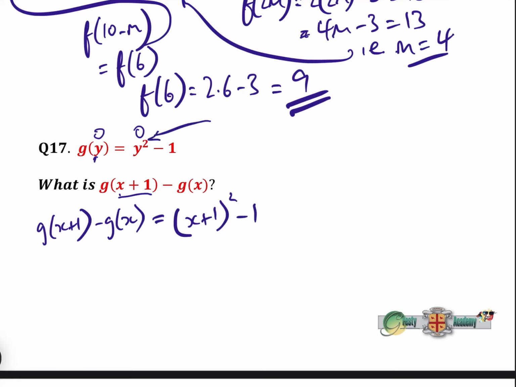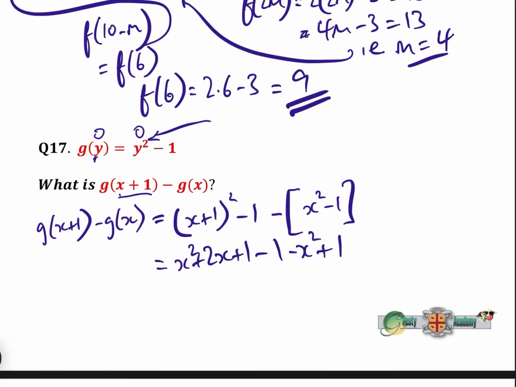We've just put x plus 1 instead of the y. Minus, now we're going to minus g of x, x squared minus 1. We just put x instead of y. Okay, so I'm just expanding that out. That's x squared, add 2x, add 1, minus x squared, add 1. X squareds cancel, 1 cancels, which gives us 2x, add 1.